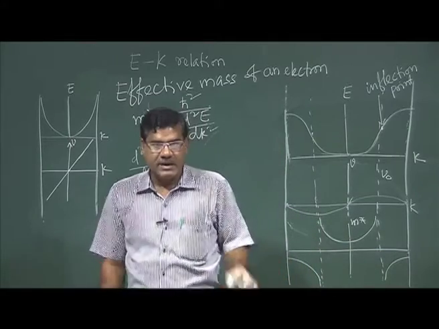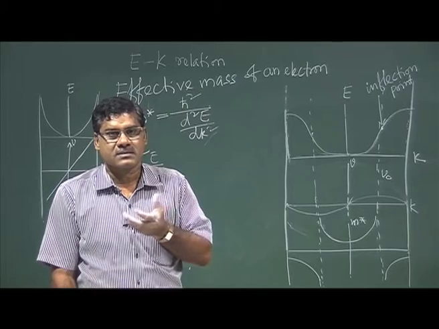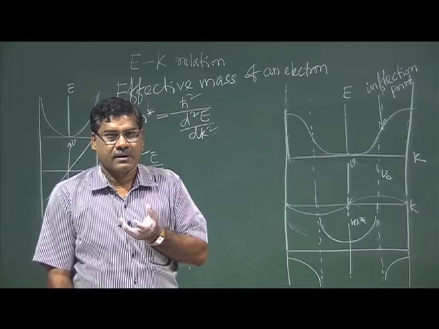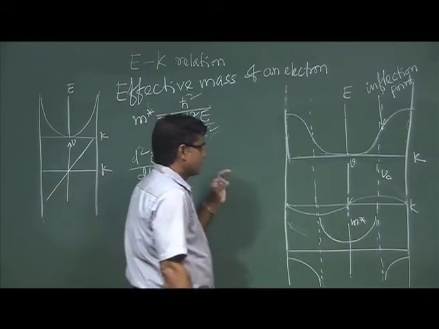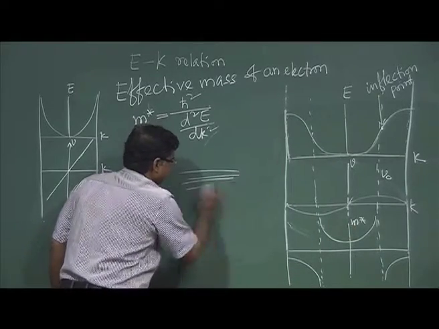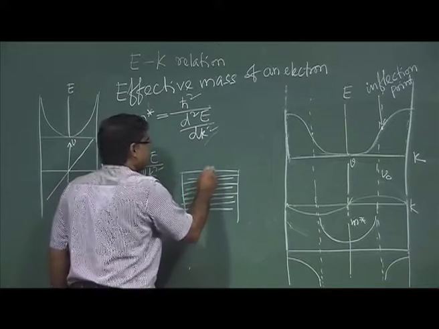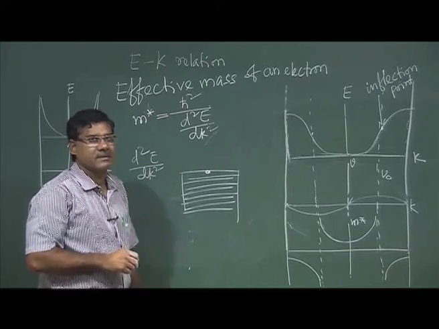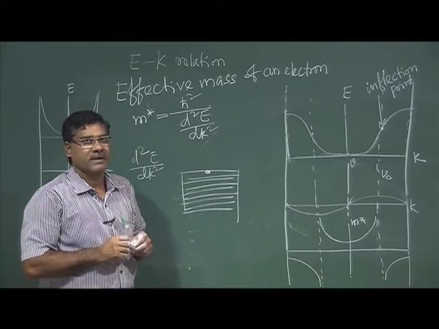When an electron is in a band, its mass can be negative. This is the band, energy levels are there. When electrons are on the top of the energy band, its mass can be negative, right.